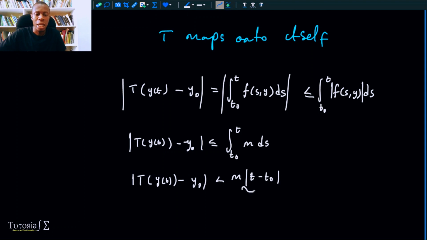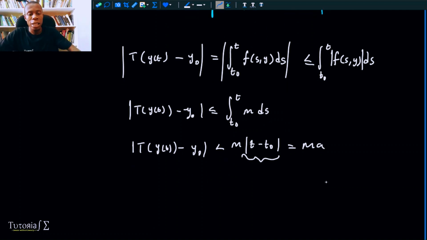This is equal to Ma, and a is less than b over M, just like we showed. So we see that this is less than b, which shows that the transformation maps onto itself.